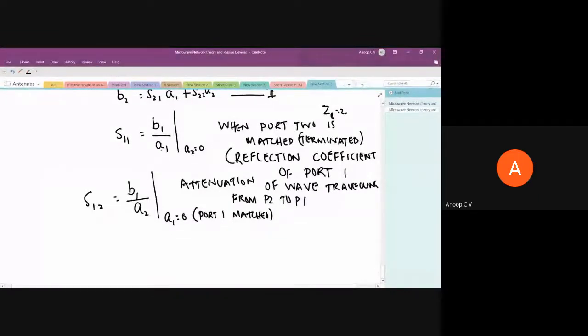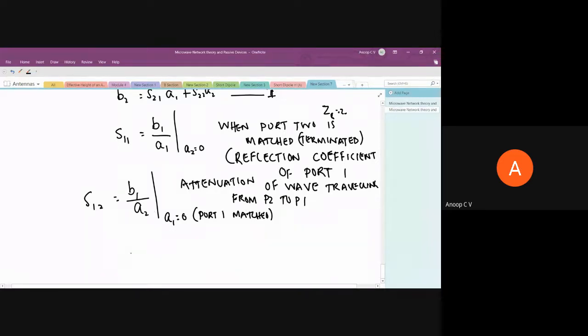Even though I have not mentioned it, I am assuming for the time being that it's a reciprocal network, so in both ways it will behave in the same manner. So S12, that is B1 by A2 when A1 is 0, that is port 1 is matched, will be attenuation.